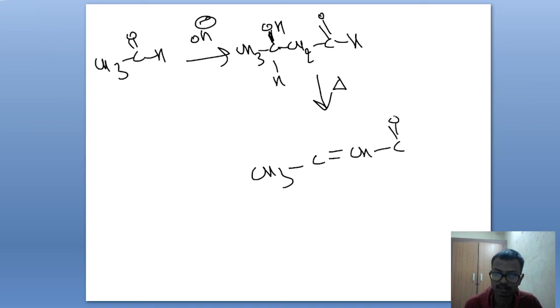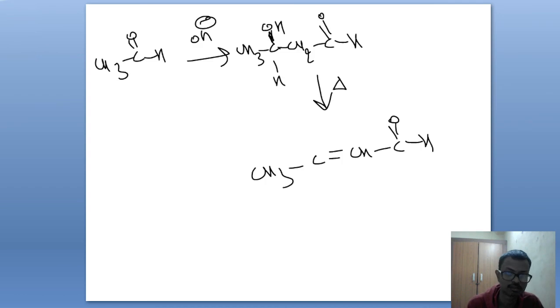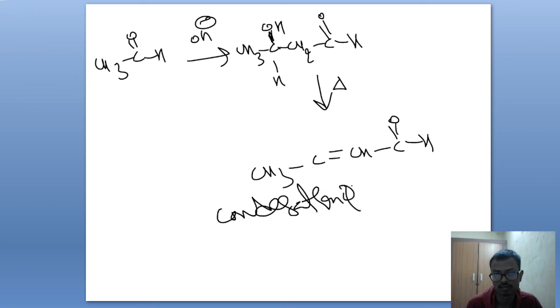I can show you the mechanism. Yes, I already showed the mechanism. Okay, it is completed. Now this is the condensation product.